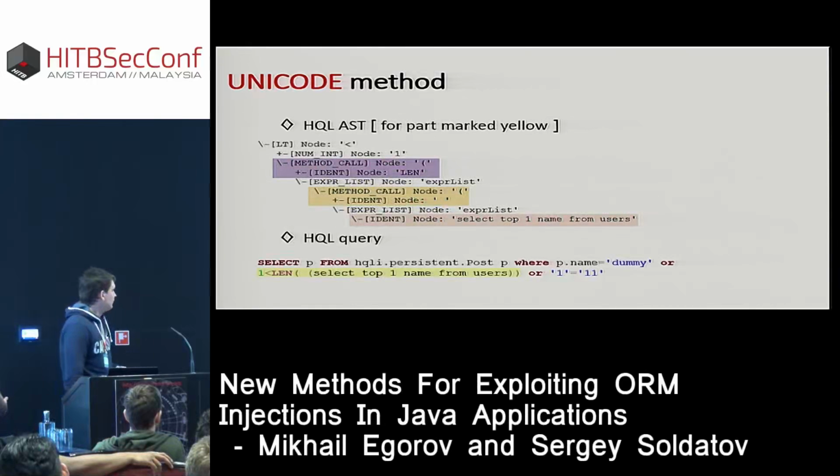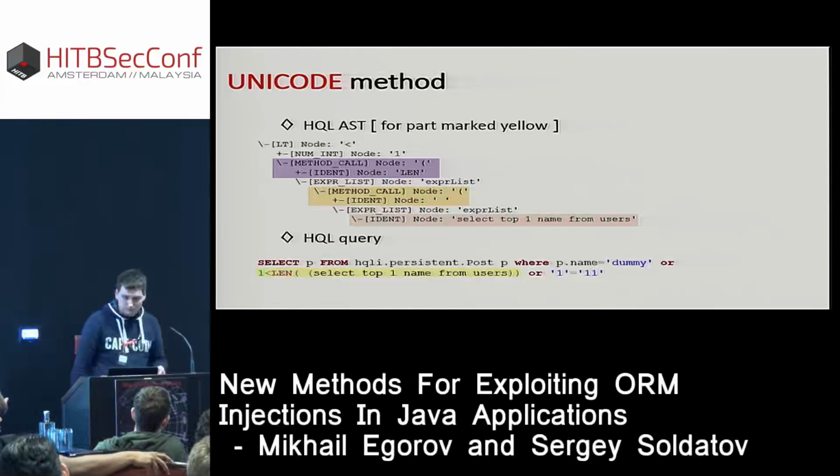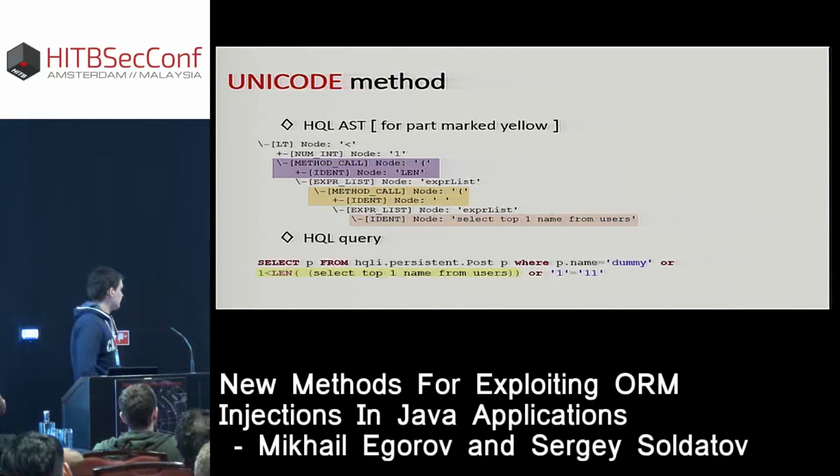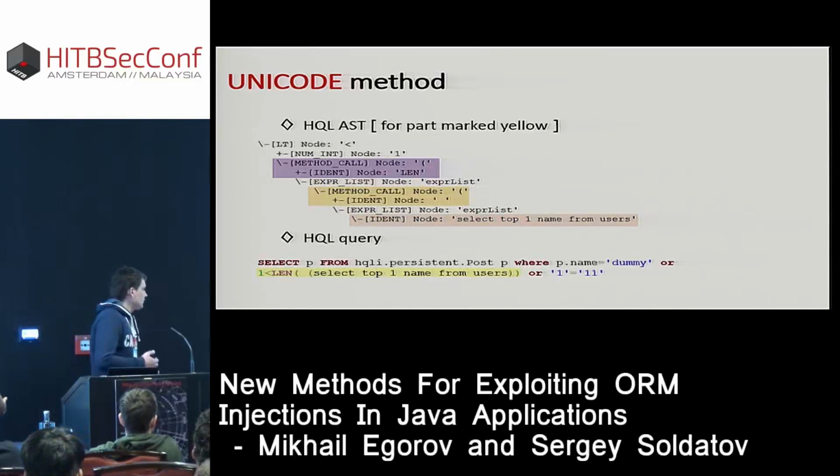Here is the HQL AST for the part of the HQL query that contains Unicode symbols. This part is marked yellow on the bottom of the slide. We can see in the AST a node with a len function call, then a node with a nested function call, which has a name that consists of one Unicode symbol with code point 00A0.